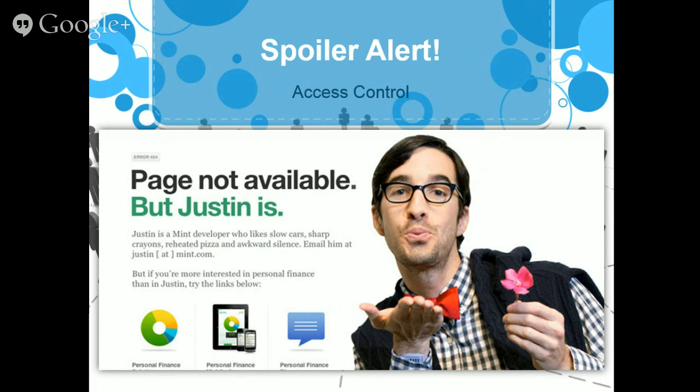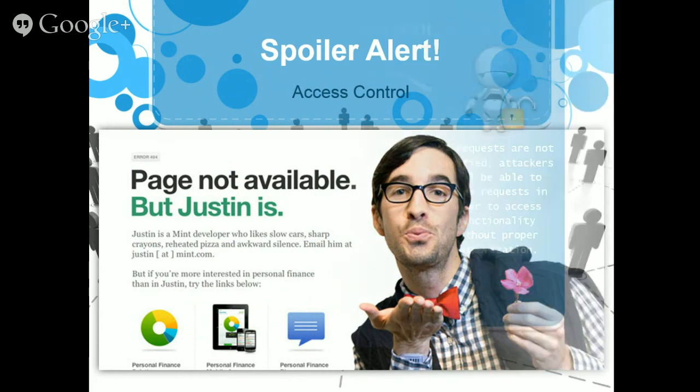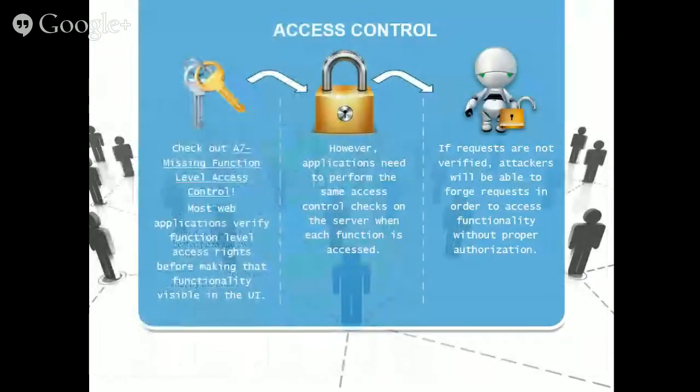I don't want to go into too much detail about this access control because it is coming up in a future presentation, so I don't want to give any spoilers away. But when we get to A7, missing function level access control, we're going to talk about more. And it's just like having the per page authorization and sanitizing the input to make sure that it's acceptable.